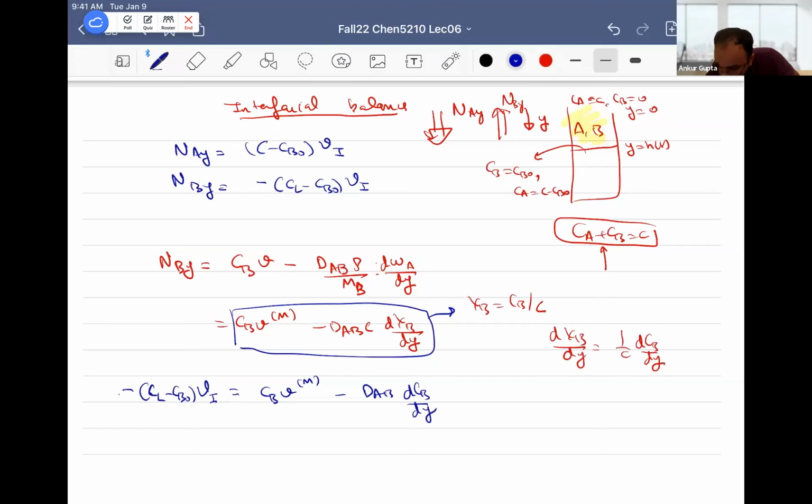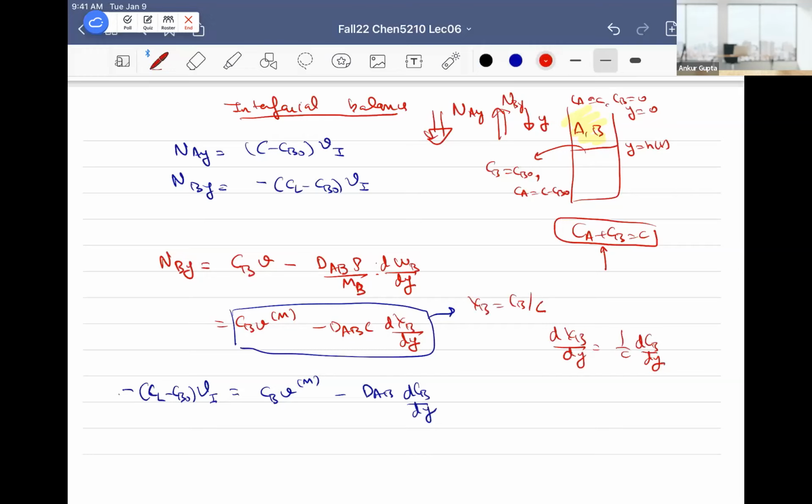Even here, it should be d omega B by dy. It's just common to use A as a variable. Okay, everything hopefully should be fixed now.